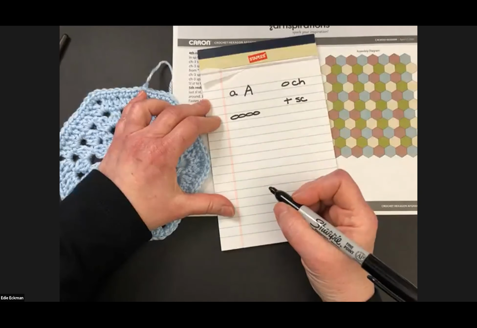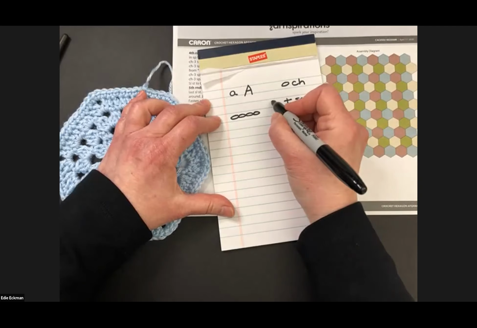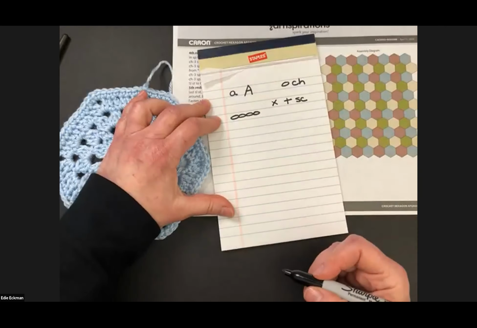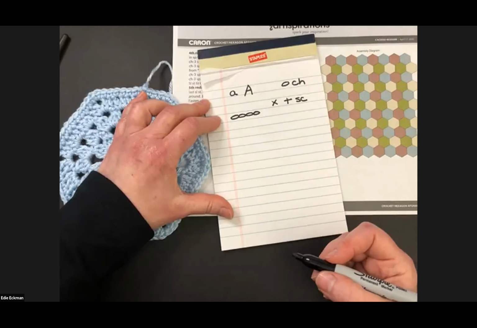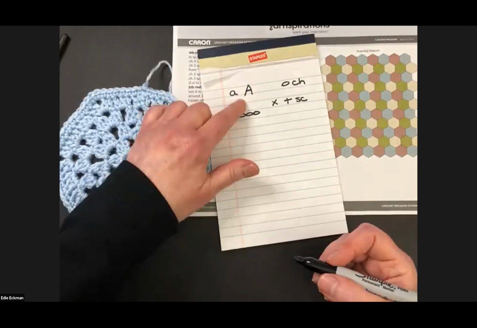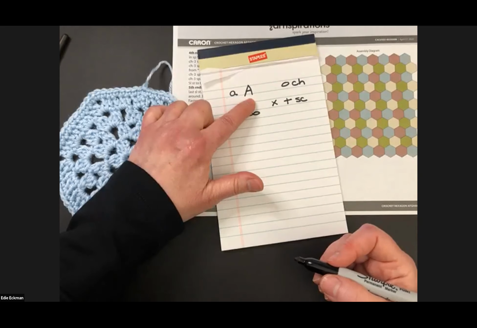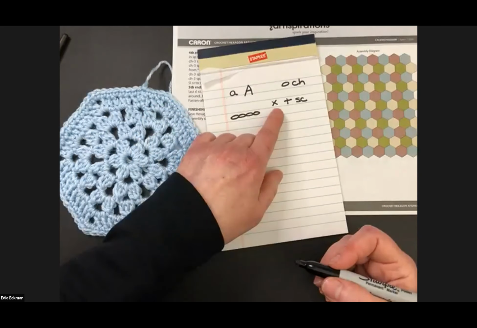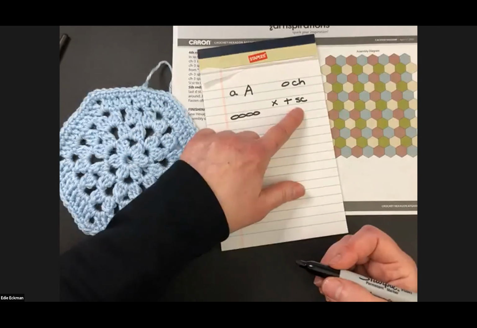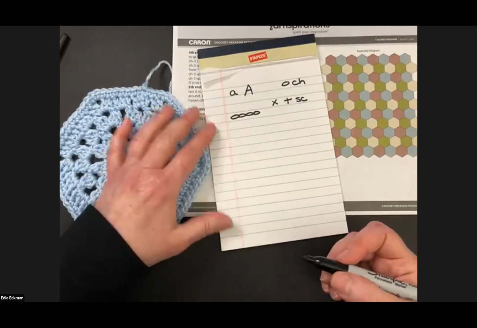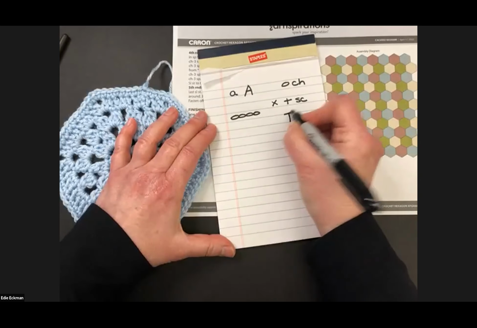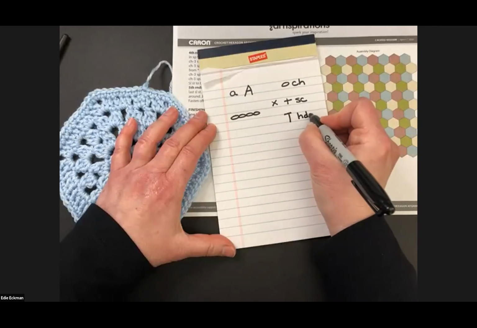Single crochet looks like that, but sometimes single crochet is written as an X. So both of those are single crochet symbols, just the same way that an A and an A are both A's, right? They're just different ways of writing single crochet. If I wanted to do a half double crochet, it would look like that.